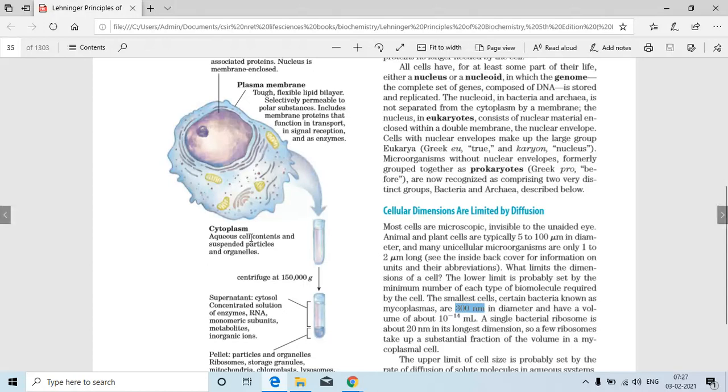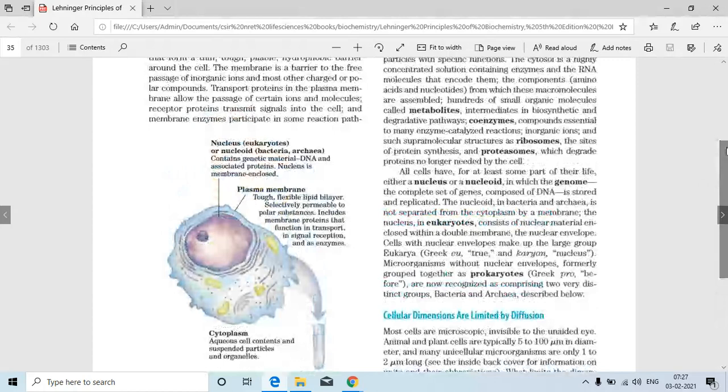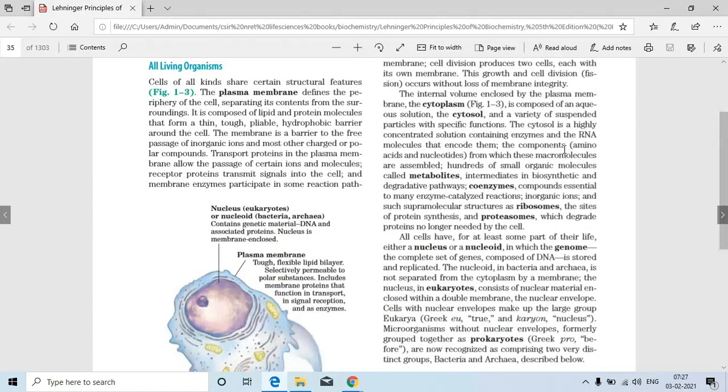And this cytosol, as we can see mentioned here, consists of particles like RNA, metabolites, coenzymes, ribosomes, and proteasomes.